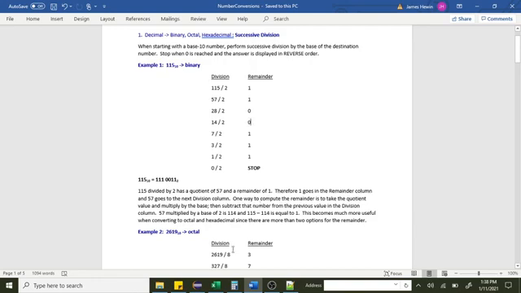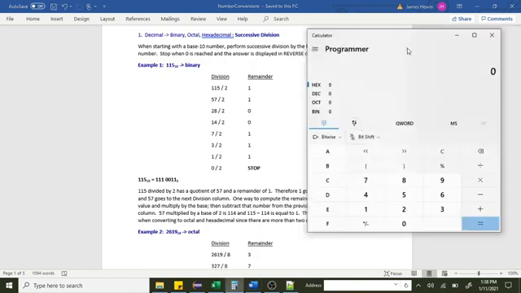In the Windows calculator, in programmer mode, if I go to decimal, 115, binary is 111 0011. So that is correct.